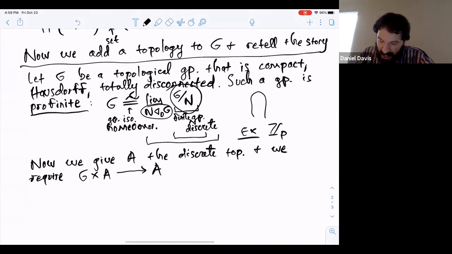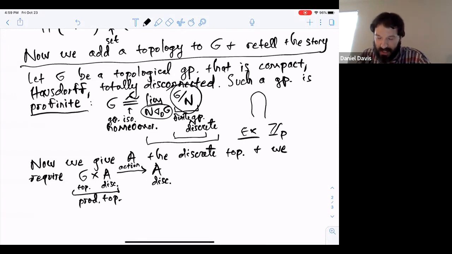So let's look at the action map. A is discrete, G has a topology, and then you give G cross A the product topology. The requirement is that with respect to these topologies, the action map is continuous.